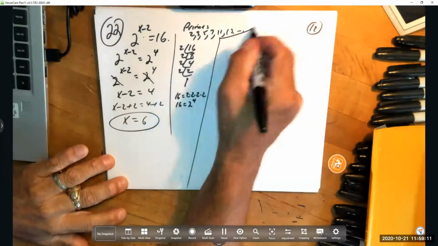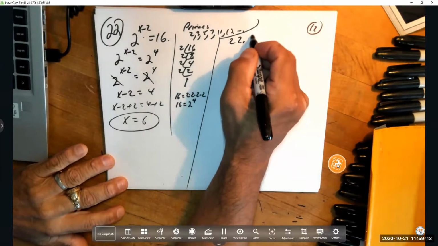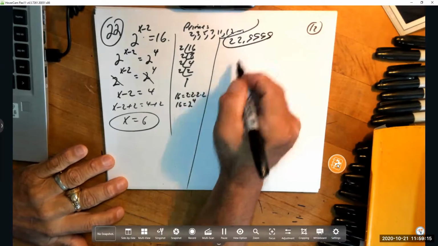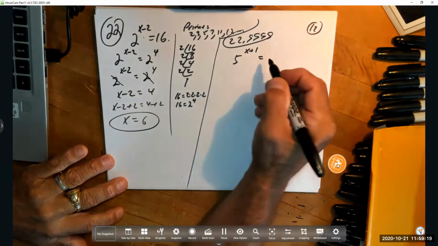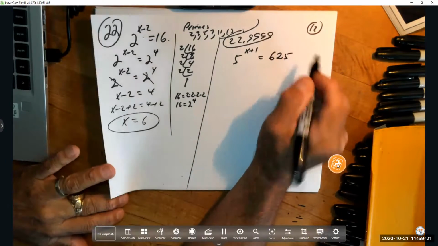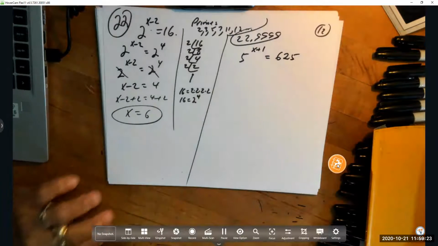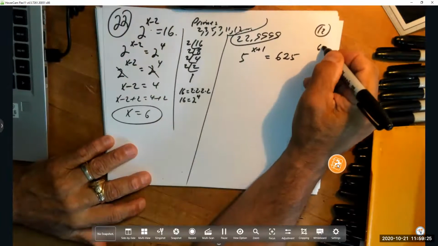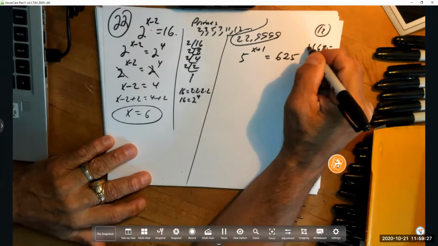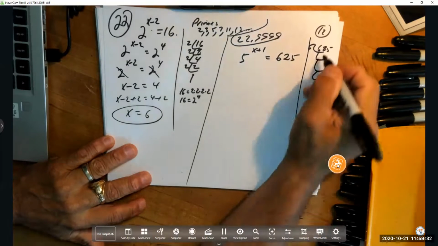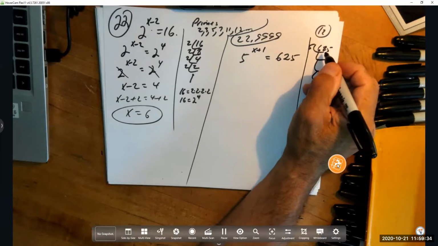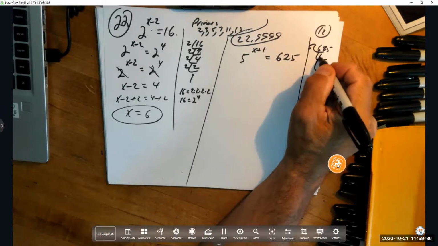Another one, same thing. I'm going to say 5 to the x plus 1 equals 625. So I'm going to start with 625. I'm going to divide by 5. Does 5 divide 625? Do it in the calculator. How many times? 125.